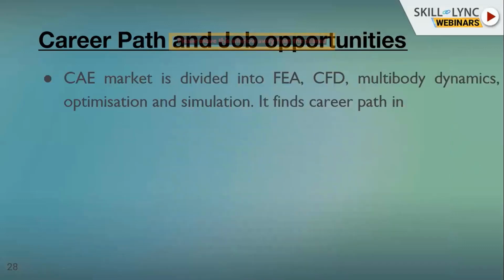So this was regarding the case studies. Now, the roles and responsibilities of a CAE domain person or an expert: first we will come to the career path and the job opportunities in this domain. Then we will come to know about roles and responsibilities.